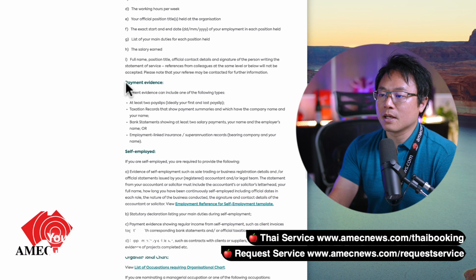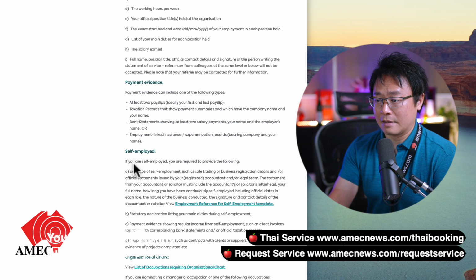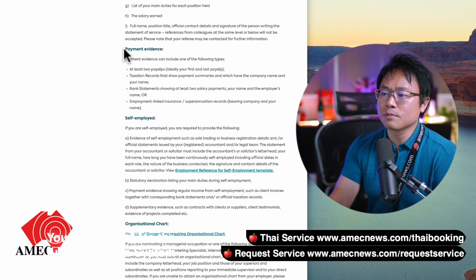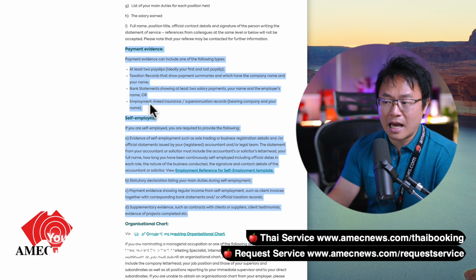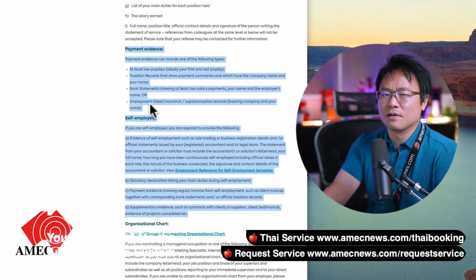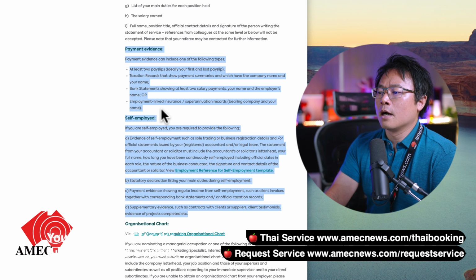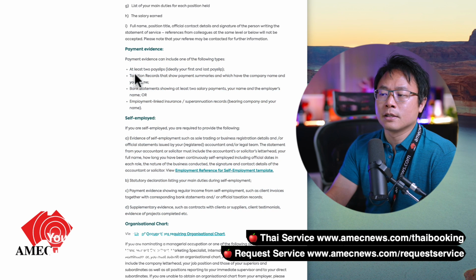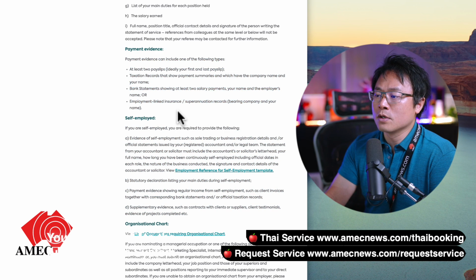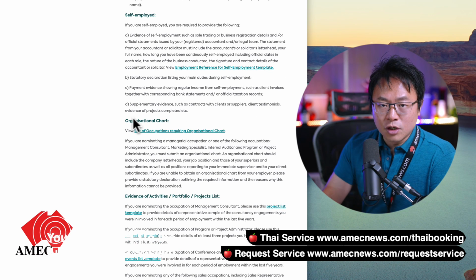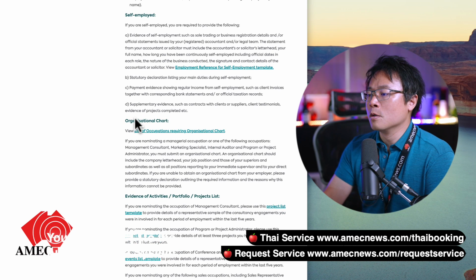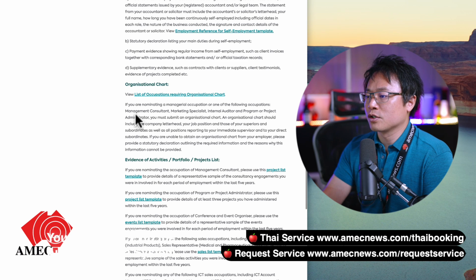Also on payment and self-employment, in some countries they pay by cash and things like that, although the number is decreasing, but then you really need to find more evidence of payments and tax evidence that you have been remunerated for your profession.